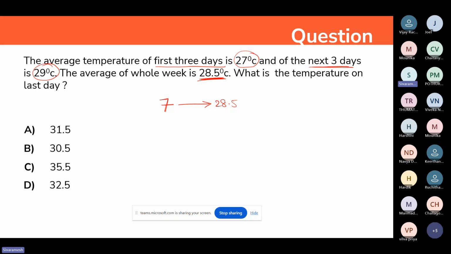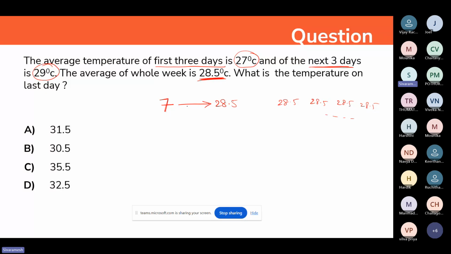When the average of 7 days is 28.5, I can say the first day is 28.5, second day 28.5, third day 28.5, likewise all 7 days. Then obviously the average will be 28.5, correct?